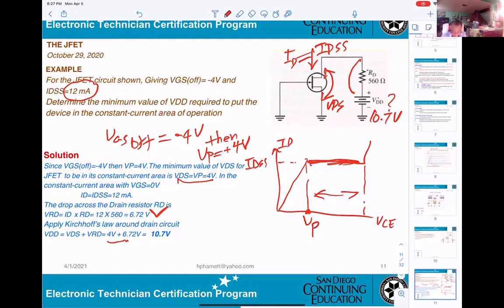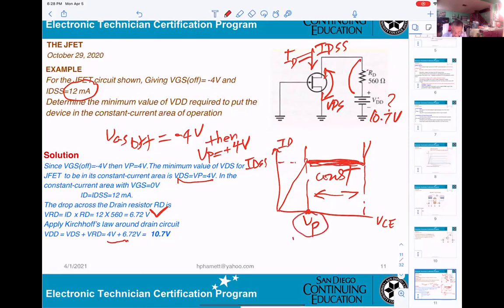Again, they give you the circuitry with the input VDD, and they don't know what the minimum VDD is in order to support the circuitry with the output working in the constant region. That means this area only, okay? So if it is in this constant region, they are stuck at VP.